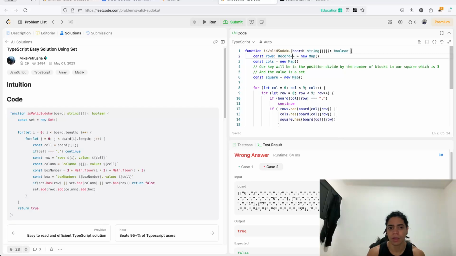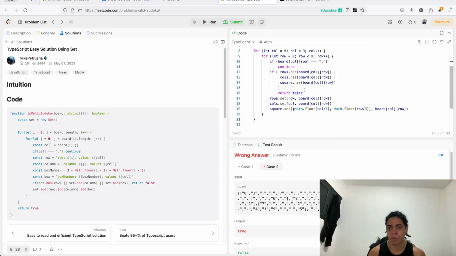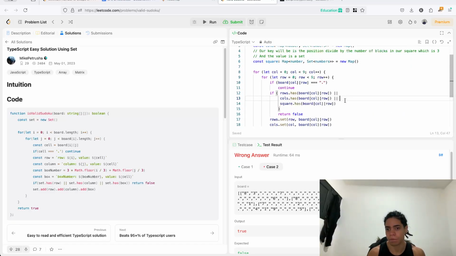Okay, or a map of the number followed by a set of number, and the same for this.